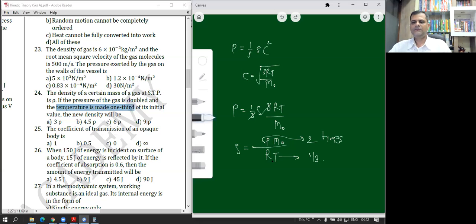So using that we can say that since the pressure has been doubled and temperature has been 1/3, so density will become 6 times of its original value. Okay, density becomes 6 times of its original value. This is the final answer. But already density कितना दिया था, rho दिया था, so it will become 6 rho. That's all. Yes.